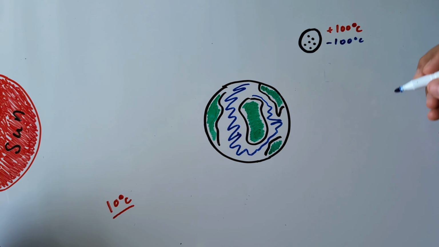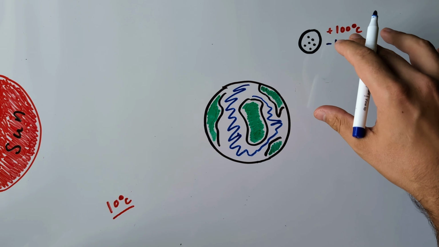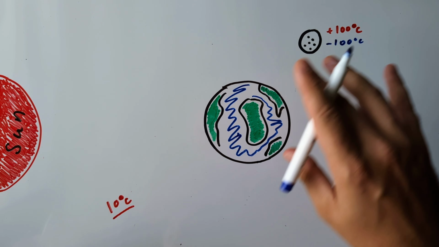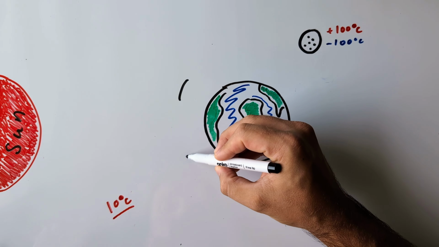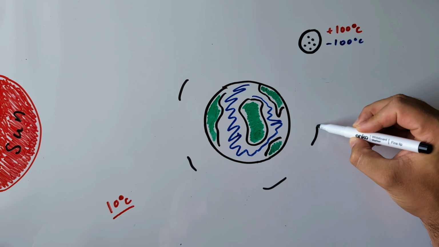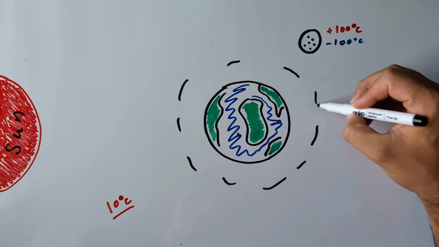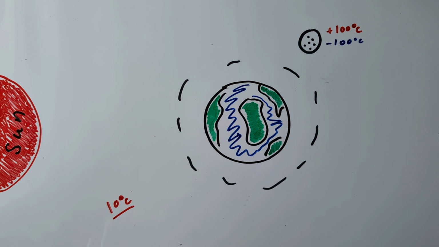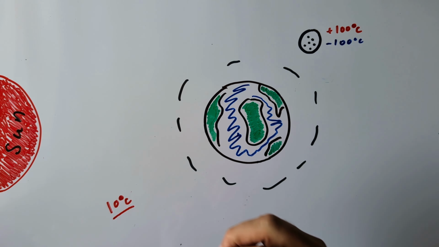That's a 200-degree range in one day. That is unhospitable, okay? Life can't exist in those conditions, okay? So, the fact that Earth has an atmosphere and a greenhouse effect is why we have life on Earth, okay? I'm not exaggerating there. So, let's delve down into what actually is taking place.